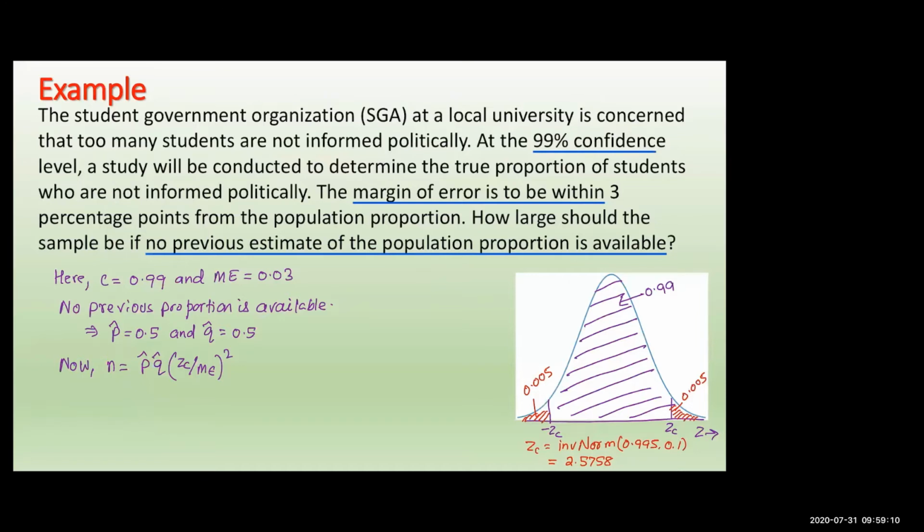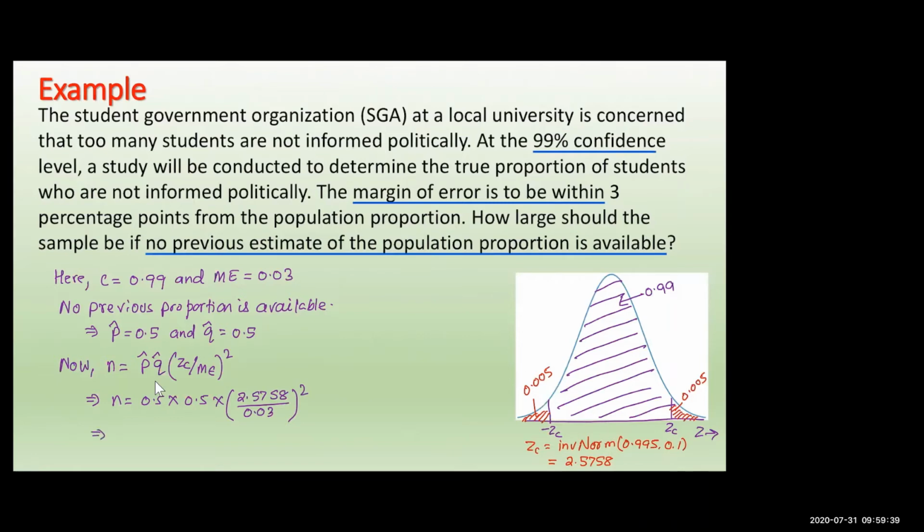So we are going to plug in this value over here. This implies N equals p hat 0.5, q hat 0.5, multiplied by Z sub c, 2.5758, divided by the margin of error, 3% or 0.03, and we square this.